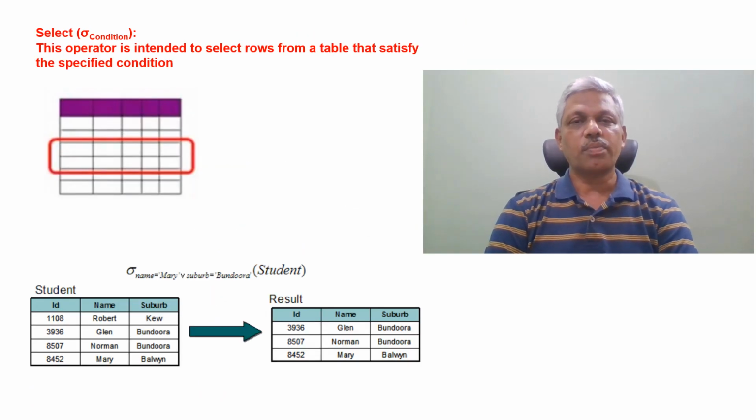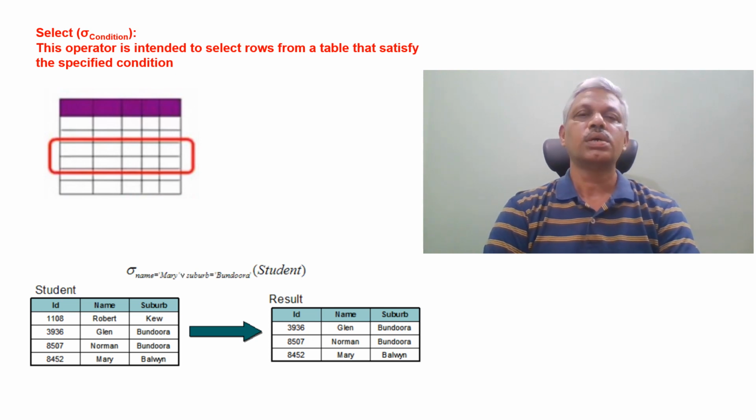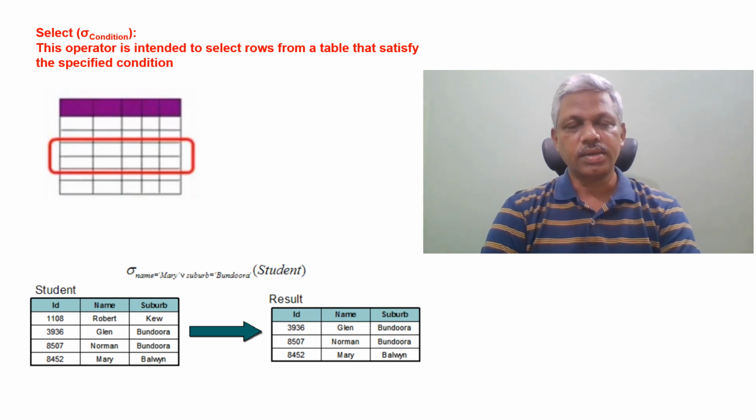Select is a basic operation on tables. The nomenclature says select condition on tables. So when this operation is performed on a table, it specifies the rows which satisfy that condition. The condition may be on any set of attributes or values of the cells. Once those rows satisfying the condition are identified, it retrieves those rows only.